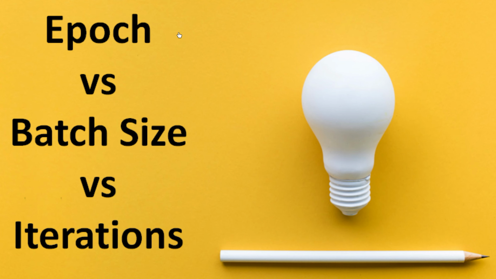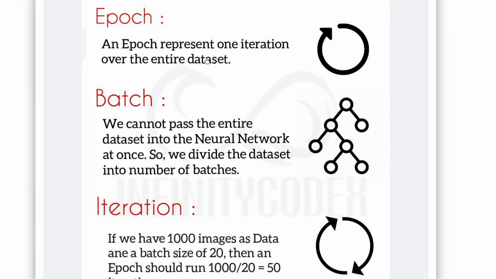If we have 10,000 records, an epoch represents one iteration over the entire data set. The batch means we cannot pass the entire data set at once. If we do one iteration with all 10,000 records, this is gradient descent.